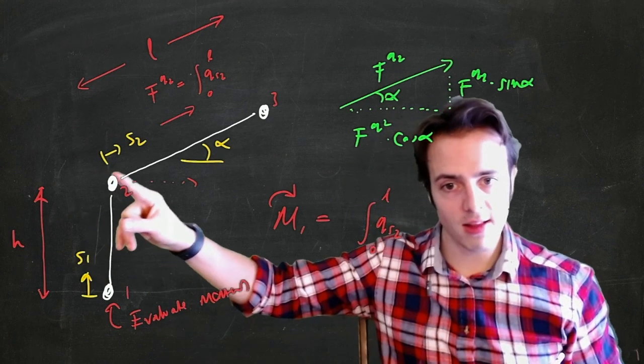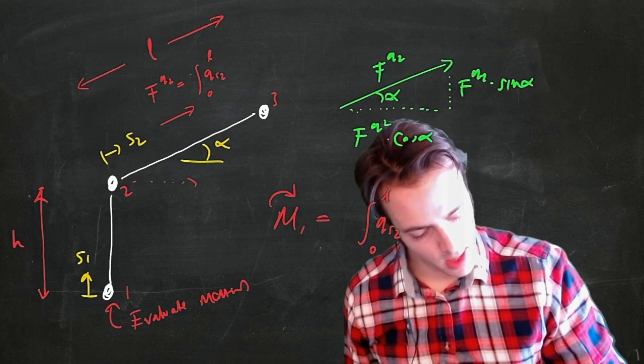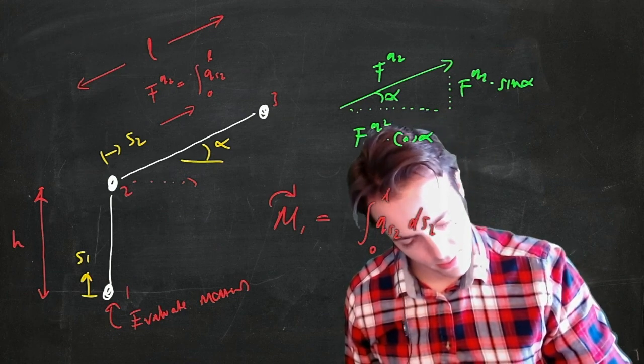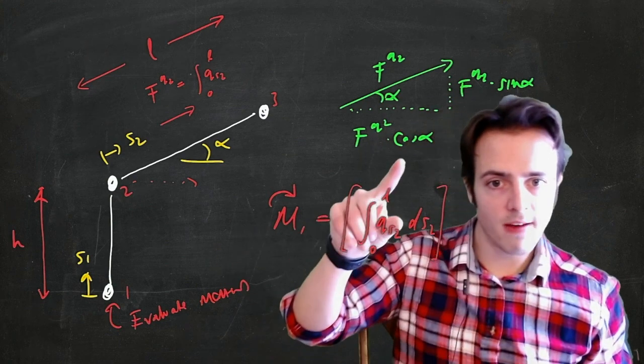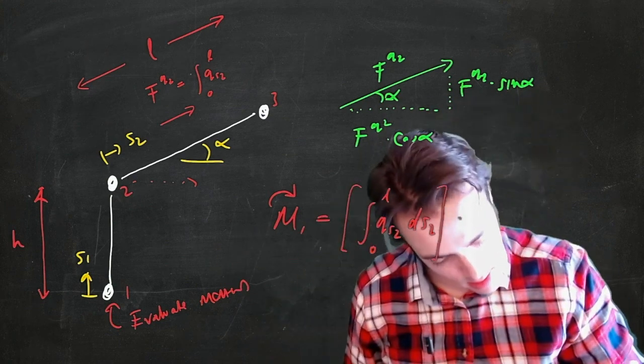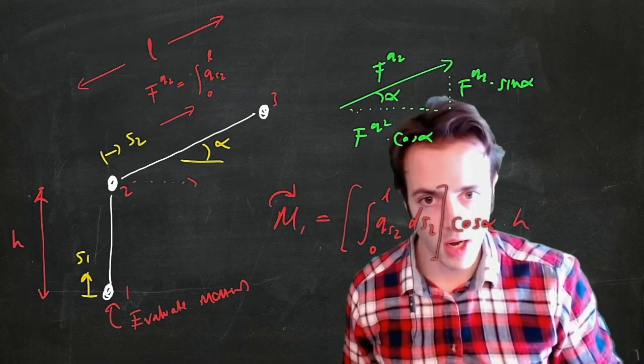That gives me the force acting up this way. Let's say here this is ds2. I then need to multiply that force by cosine alpha. And I then need to multiply it by that moment arm.